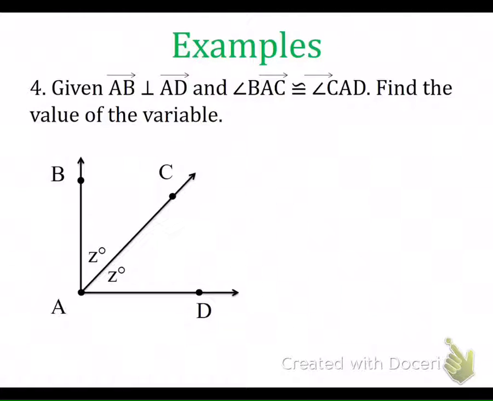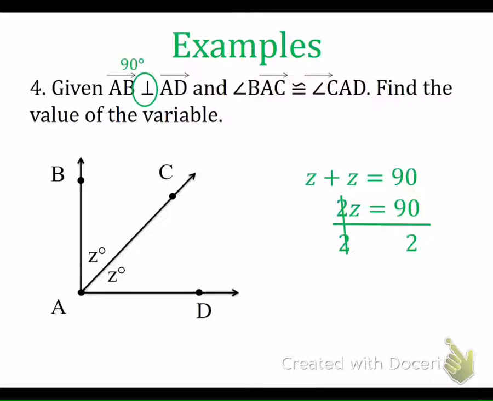Any ideas? Z plus Z, good. Z plus Z equals what? 90. What is Z plus Z? 2Z. So 90 divided by 2Z equals 45 degrees. Perfect. Questions?